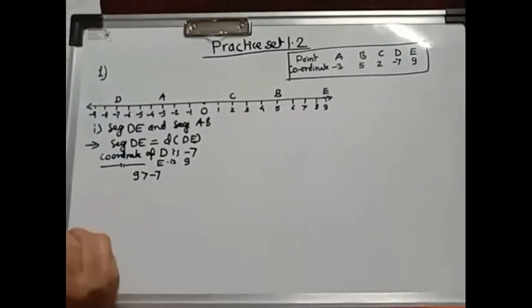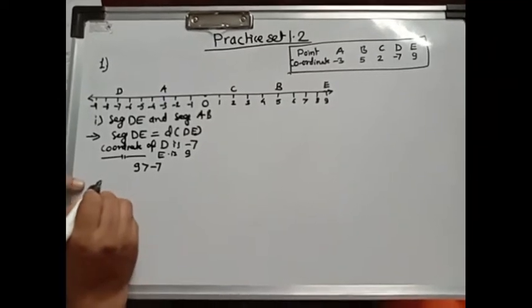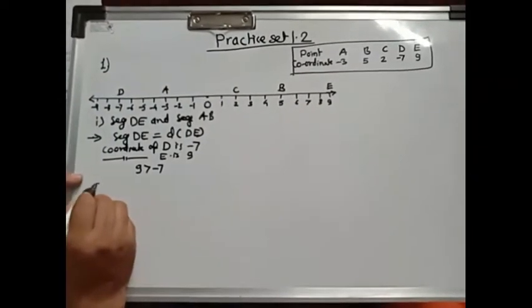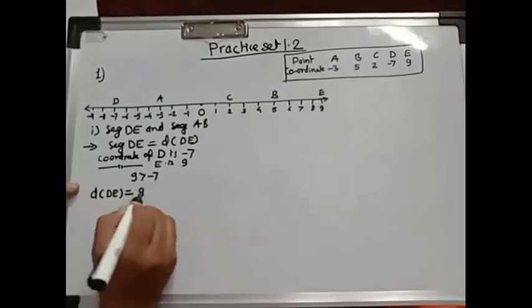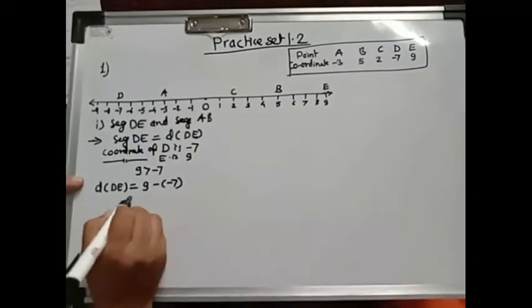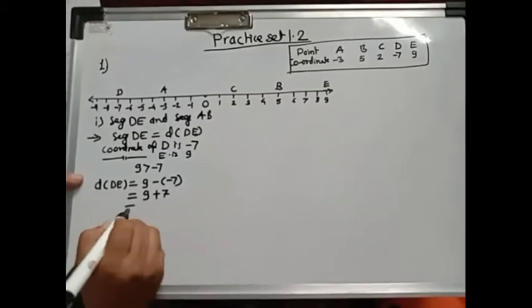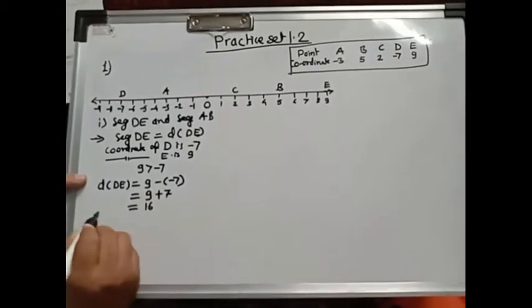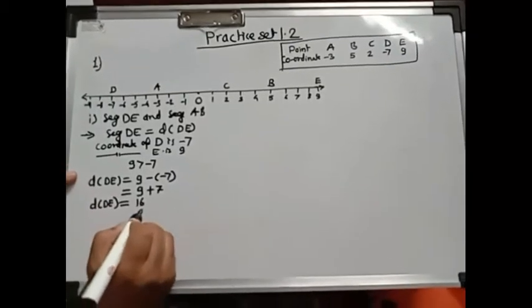So we subtract the smaller from the greater coordinate. The distance of DE is equal to 9 minus -7, which means 9 plus 7, that is 16. So the distance of DE is 16.